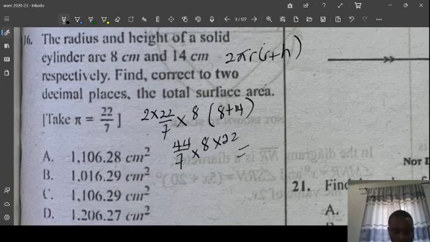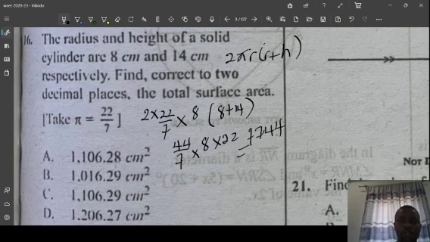I'm going to multiply everything at the top first, and then divide by 7 at the bottom. So 44 times 8 times 22 gives me 7744 all over 7. So when I punch that in my calculator, divided by 7, I get 1106.2857.